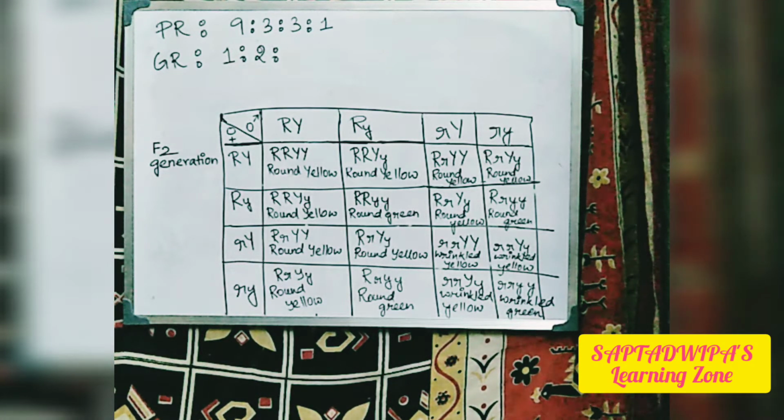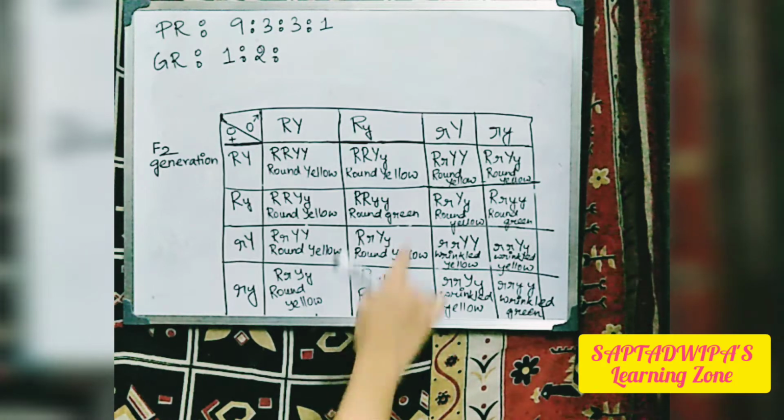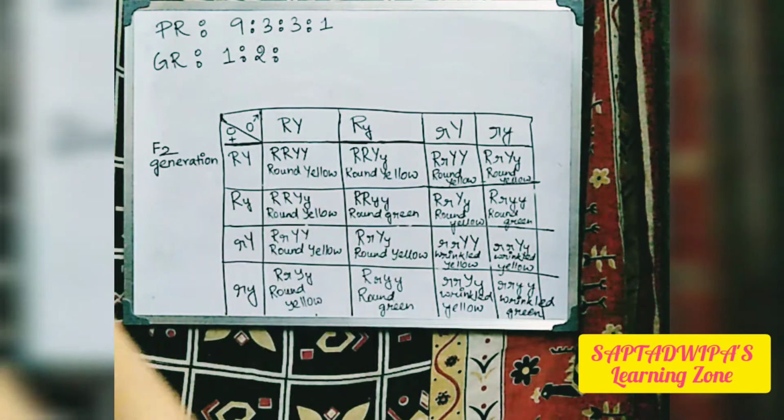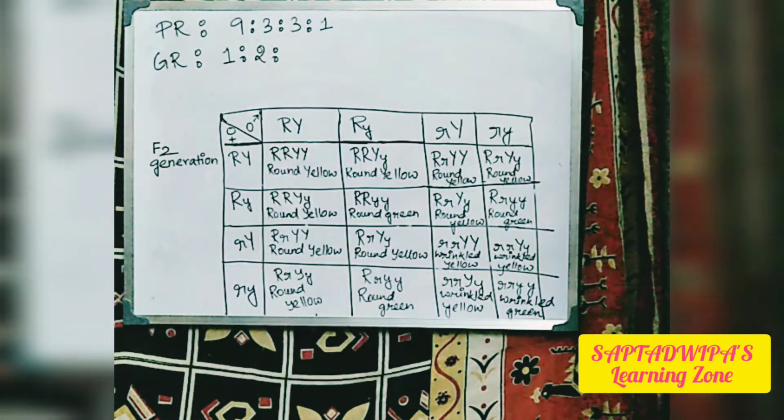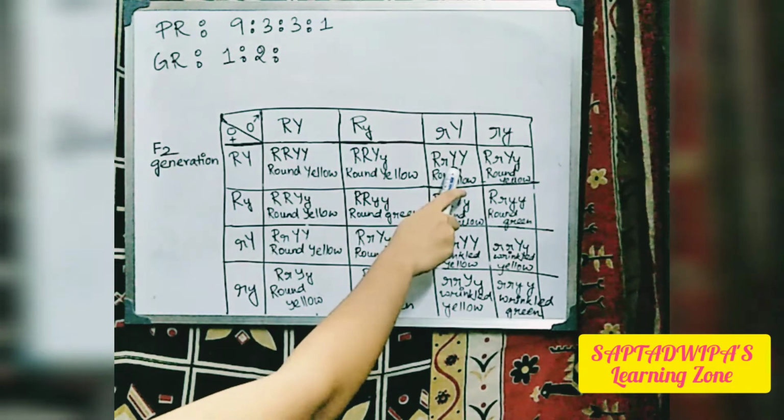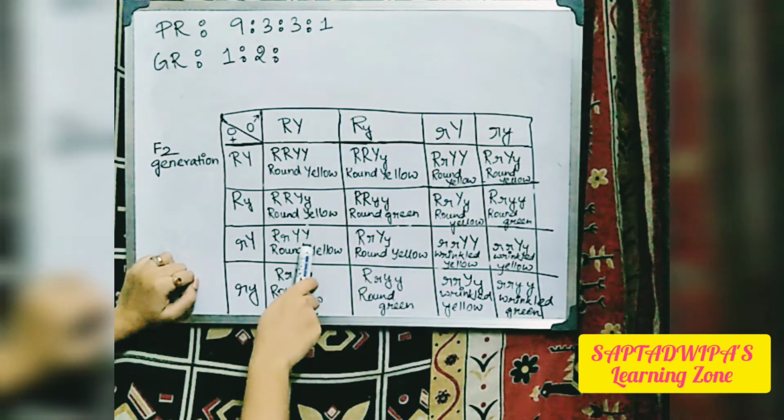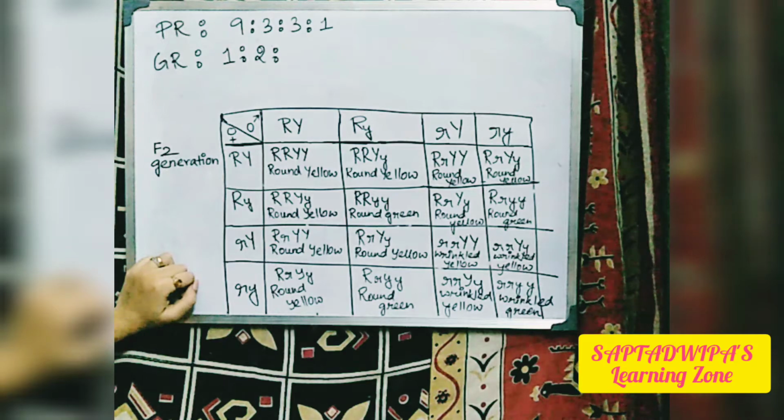Coming to this one, capital R, small r, and both the Y's are capital. Are we seeing that anywhere other than this? Yes, we are seeing that. Capital R, small r, capital Y. Here we are seeing one, here we are seeing one, and here also.